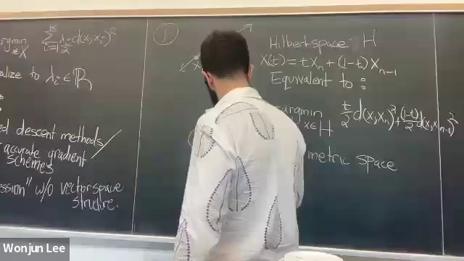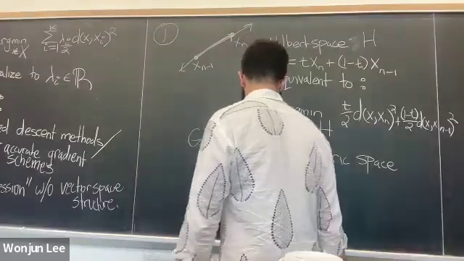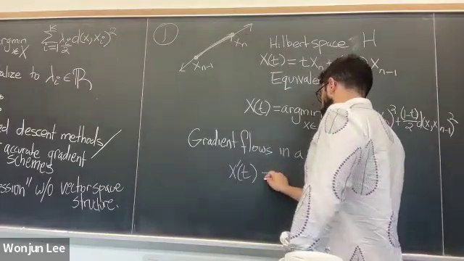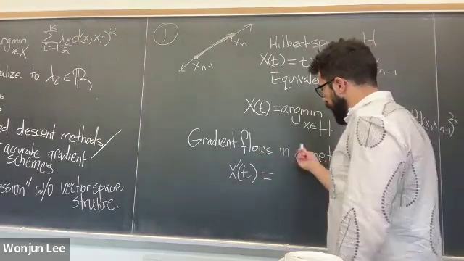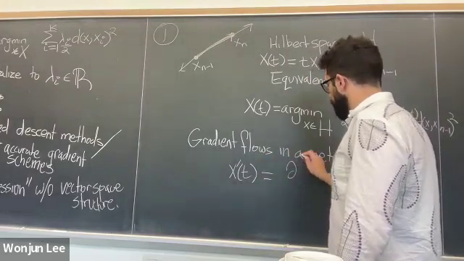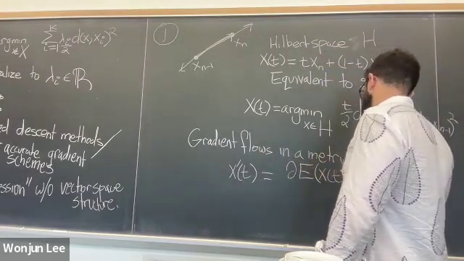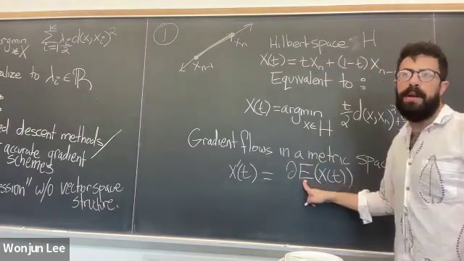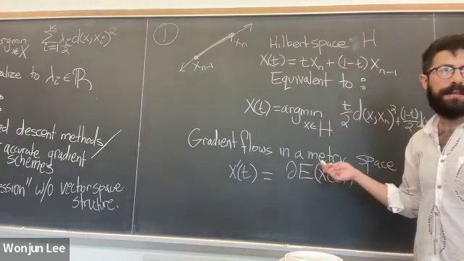You have something like x prime of t is going to be some sort of like, basically, I can't really write a gradient here, but you have some idea of like a generalized slope of some energy function, which is going to be related back to the metric in your space.